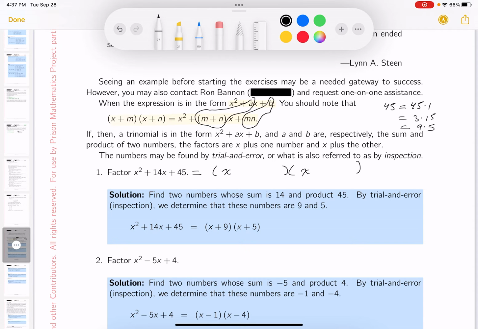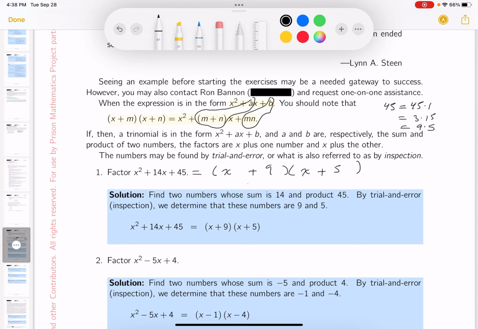What they're saying for you to do is look at the product and the internal term and wonder what two numbers you get. We need the sum to be 14 and the product to be 45. What two numbers would give you a sum of 14 and a product of 45? Well, that would be 9 and 5. Let me write that down.